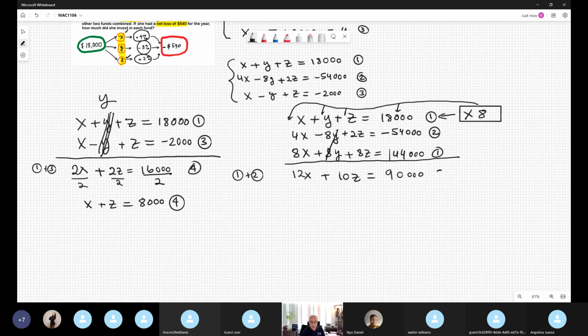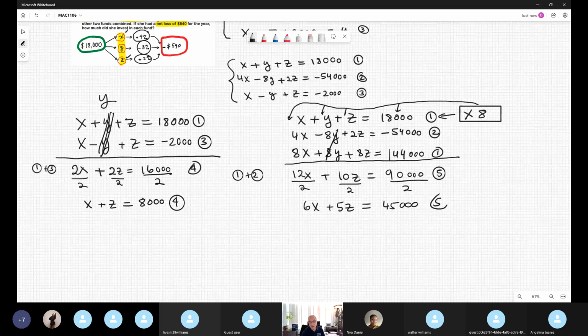Well, this is the equation 5, but I don't like this equation. You divide by 2, why not? Because it's even, I detect the coefficients are even numbers, not necessarily working with this big number. 6x plus 5z equal 45,000. And this is my equation 5.